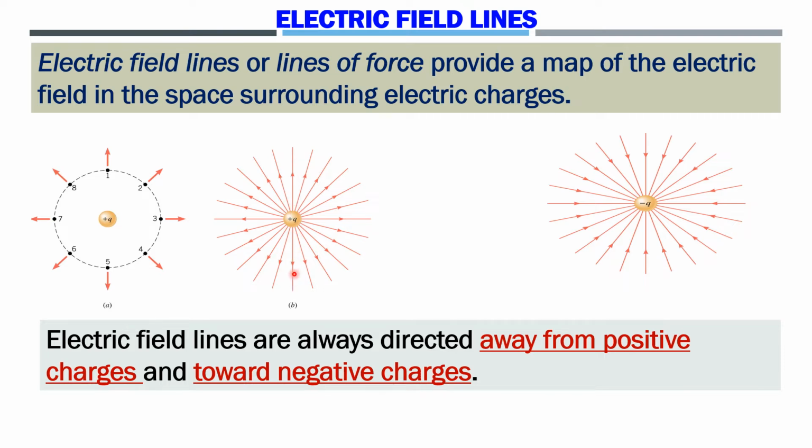Down here, the electric field is, of course, downward. At this point, to the right of the center charge, the electric field is to the right. Or at this point, to the left of the center charge, the electric field is to the left. But in case the center charge is negative, at any given point around this negative center charge, the direction of the electric field is towards the negative center charge.